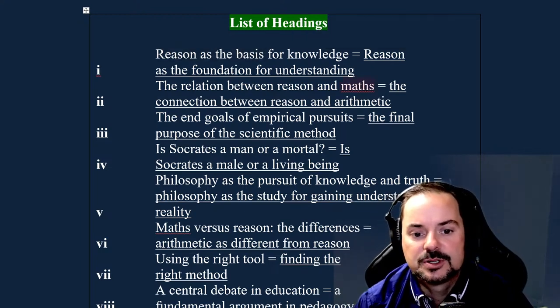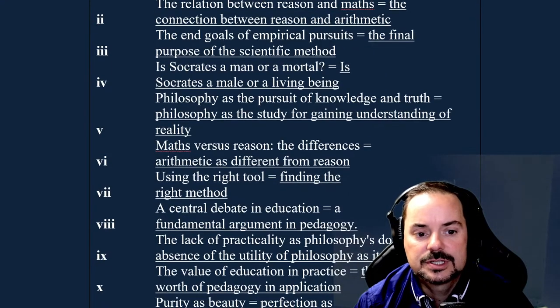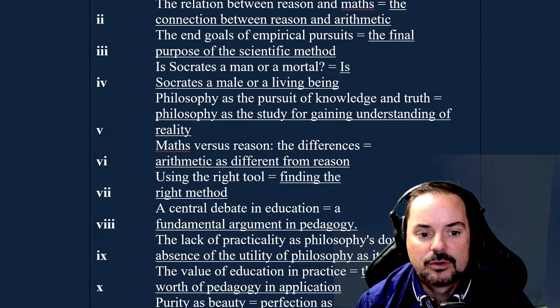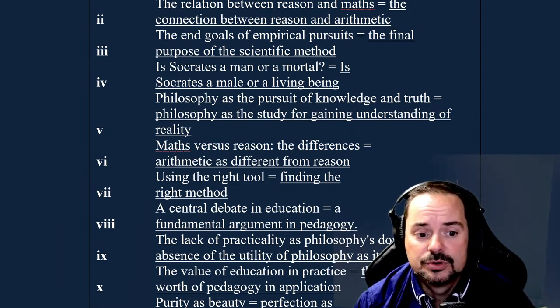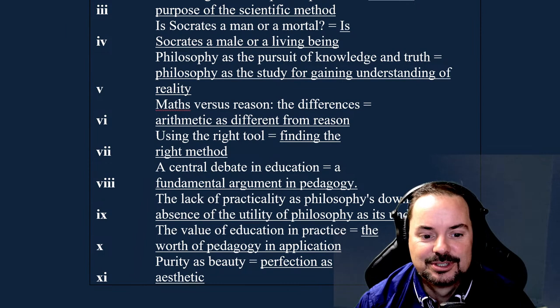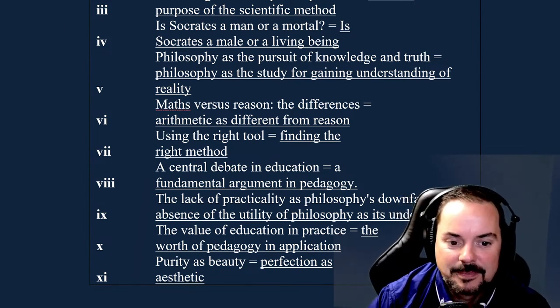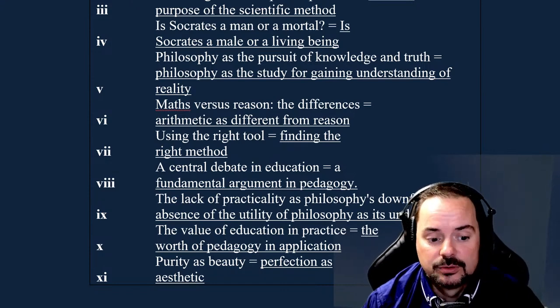The relations between reason and math. The end goals of empirical pursuits. Is Socrates a man or a mortal? Philosophy as the pursuit of knowledge and truth. Math versus reason, the differences. Using the right tool. A central debate in education. The lack of practicality. Which one do you think it is? It's 7. Yeah, using the right tool, correct?